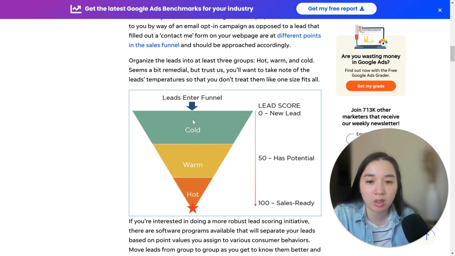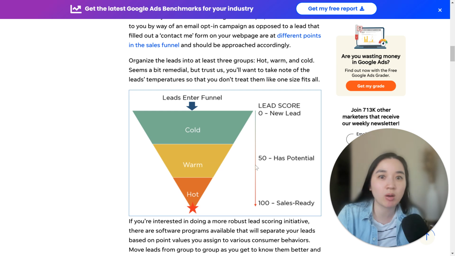They usually come in, they're interested, they submit the form, and then they're more warm. But for you to determine whether they are cold, warm, or hot, you'll have to have a conversation with them just to see. And then you can score them anywhere from 0 to 100 based off of what you know about them and the touch points that you've had with them.